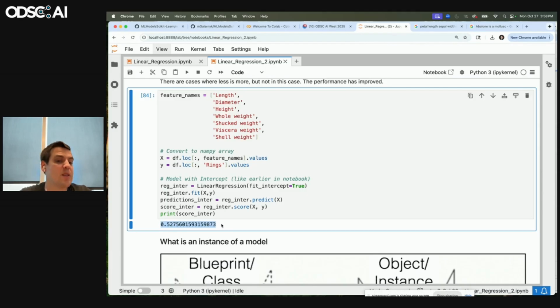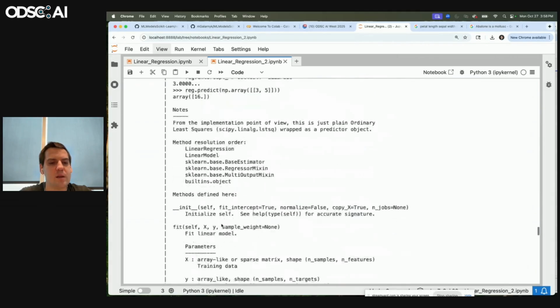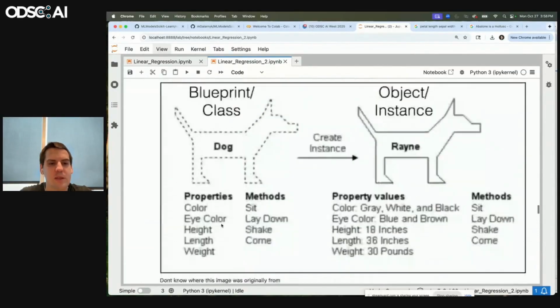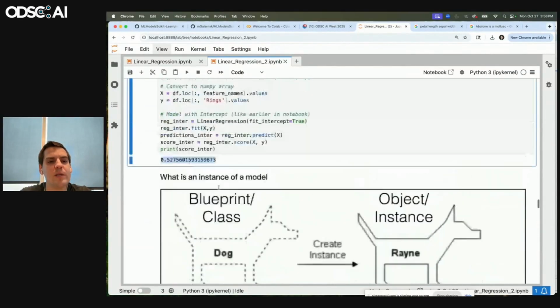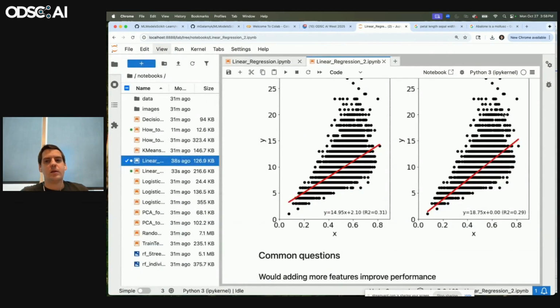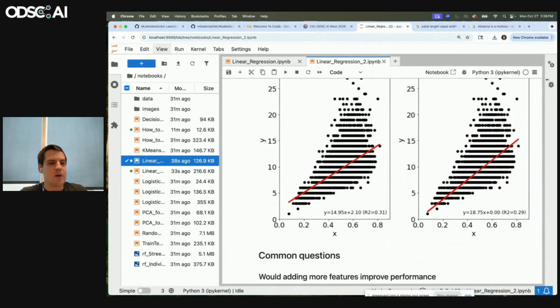So it's better in theory, right? But the other thing I really want to emphasize is that you don't always know that there's a linear relationship between your features and your target, what you want to predict. So going on to the next notebook, and I will slow down from here, no problem.